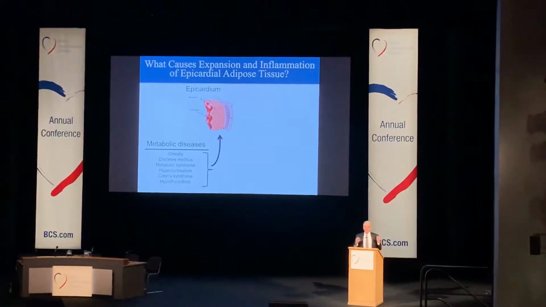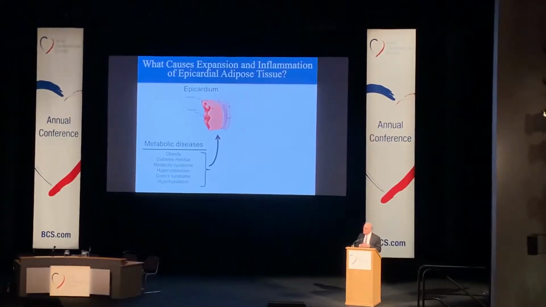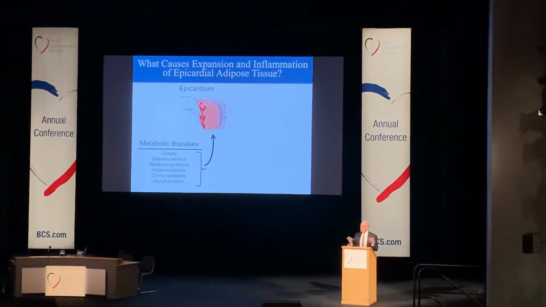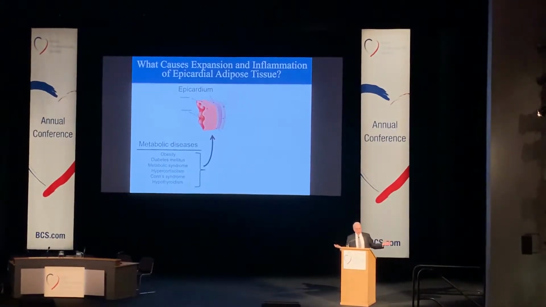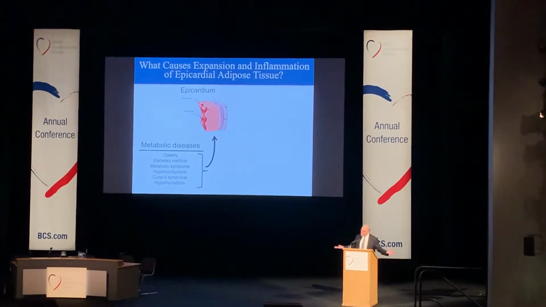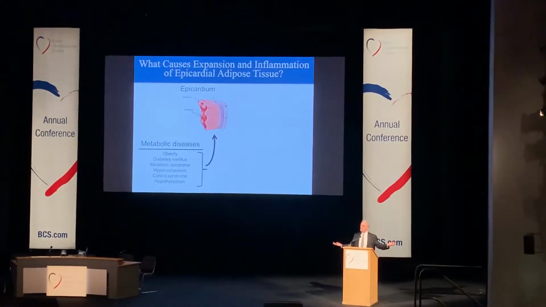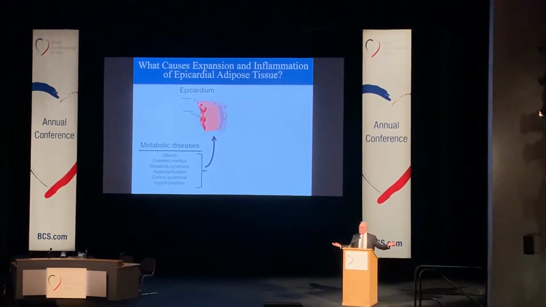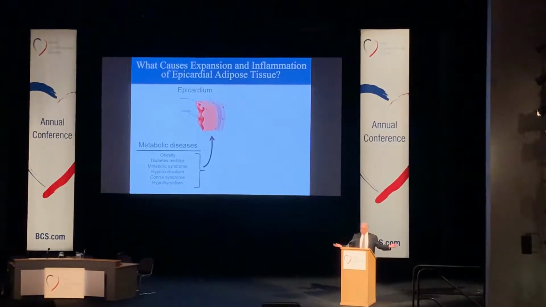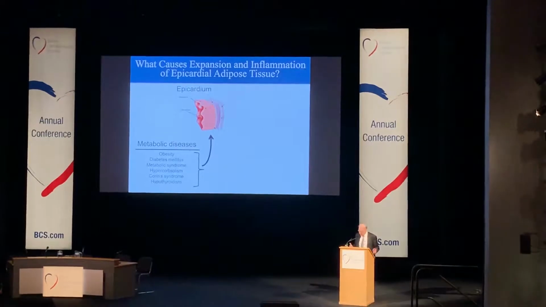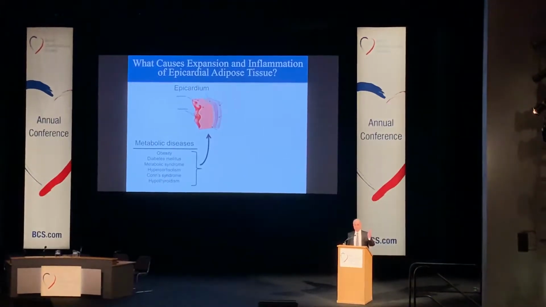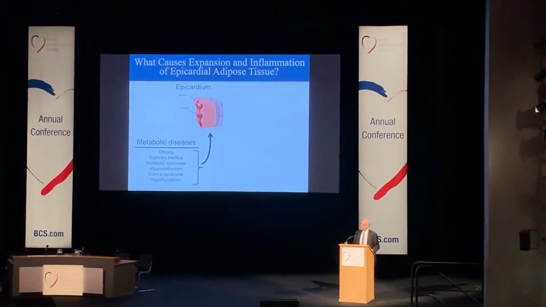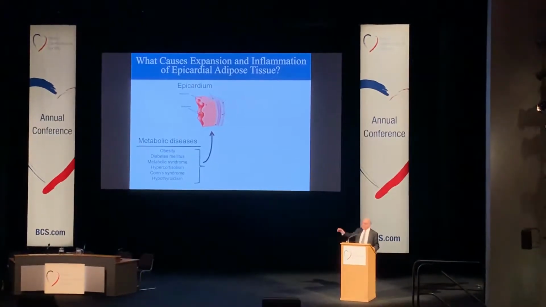So, what makes the epicardium biologically active? In everyone in this room, it's dormant, quiescent, nurturing, almost maternal. And yet, it wakes up, becomes biologically active, becomes biologically aggressive in certain disease states.